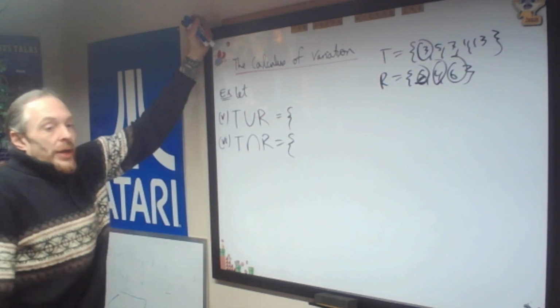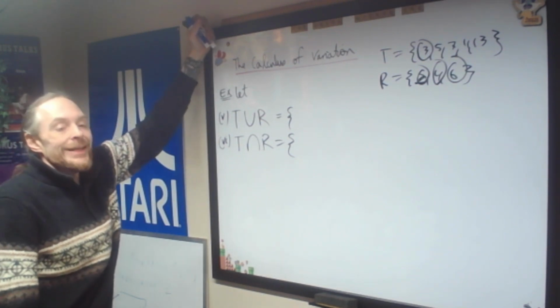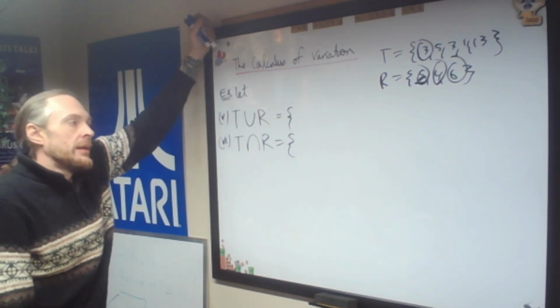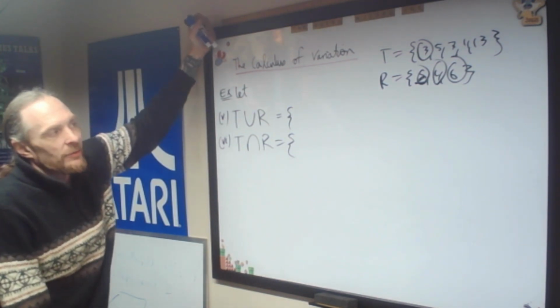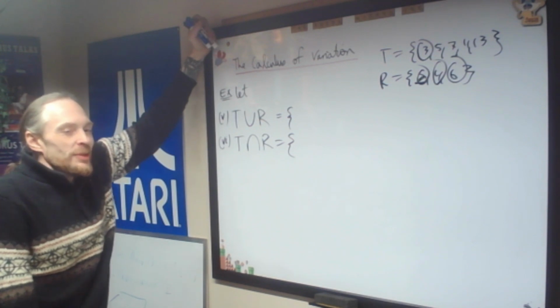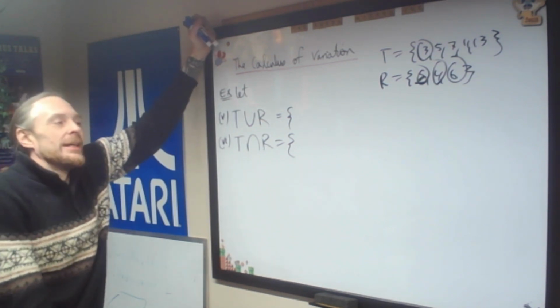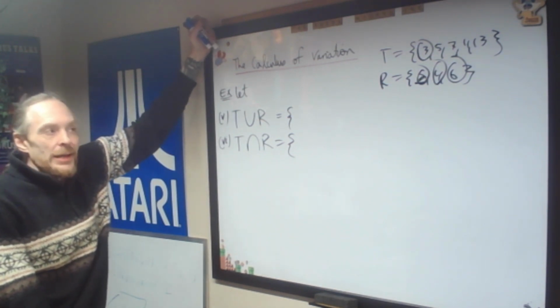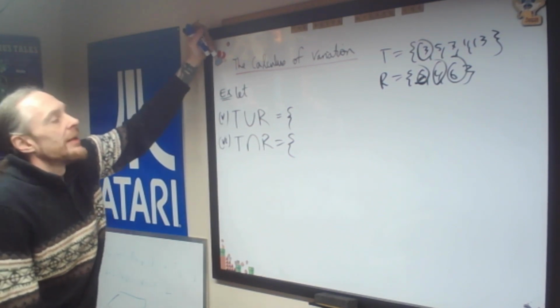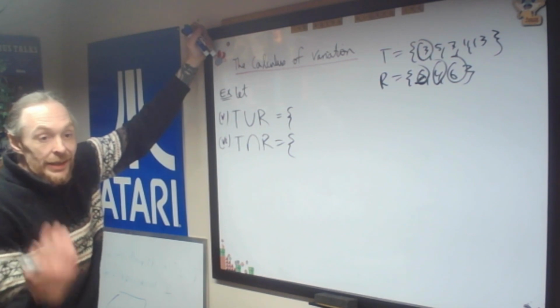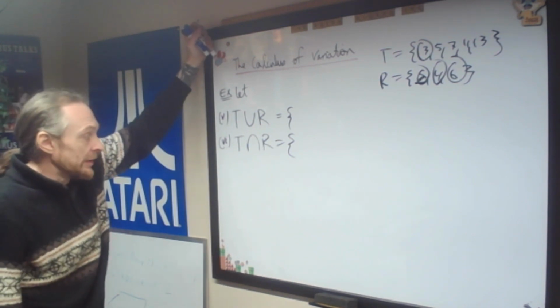And R is the first 3 even numbers, 2, 4, 6. Notice that's why I left 2 out of the primes. R and T have nothing in common. T is all odd numbers, R is all even numbers. They have nothing in common, so their intersection will be the guy I need to create.